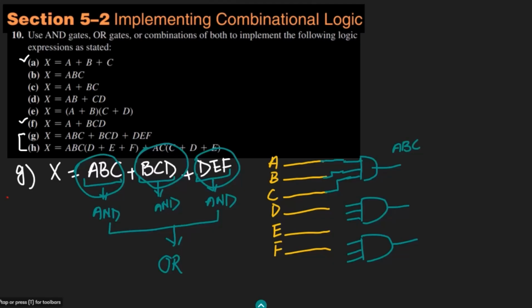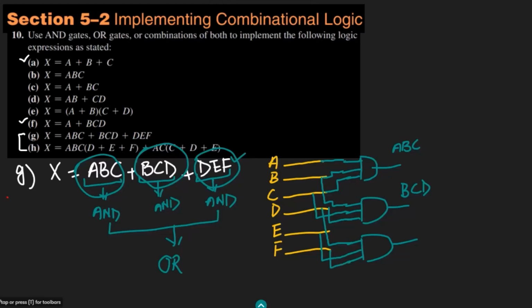Similarly, the output of the second one is BCD, so this will be B, this is C, and this is D, so here I will have BCD. To the third gate I have DEF, so D, E, and F.